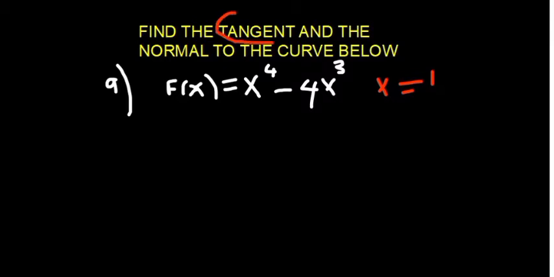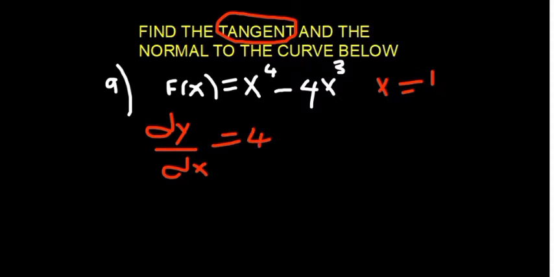The tangent is a line that meets a curve at a given point. Remember that the derivative dy/dx refers to the gradient. So let's find the gradient at the point where x is equal to 1. dy/dx of that function: by differentiation we multiply the coefficient by the power, so we have 4x, with the power reduced by 1 to the third power.